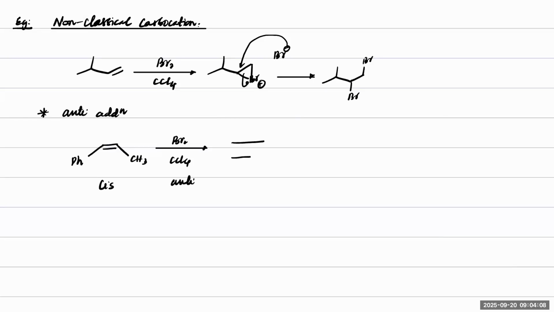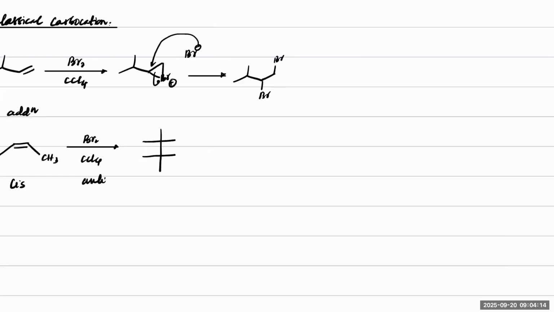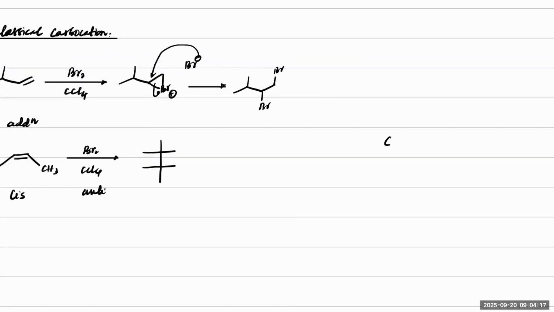It is the reverse of what we learned earlier: cis plus anti-addition will give you threo, trans plus anti-addition will give you erythro.